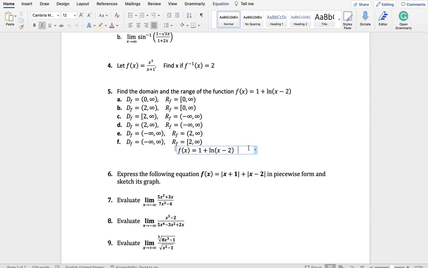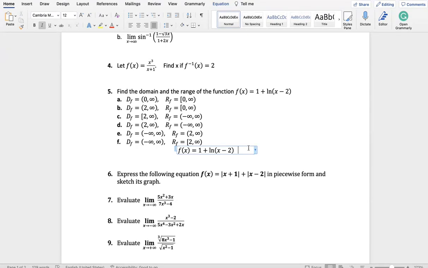Because the ln of 0 or a negative value is undefined. Exactly, right? So we have to eliminate all the values that would make anything that is under the ln sign negative, right?